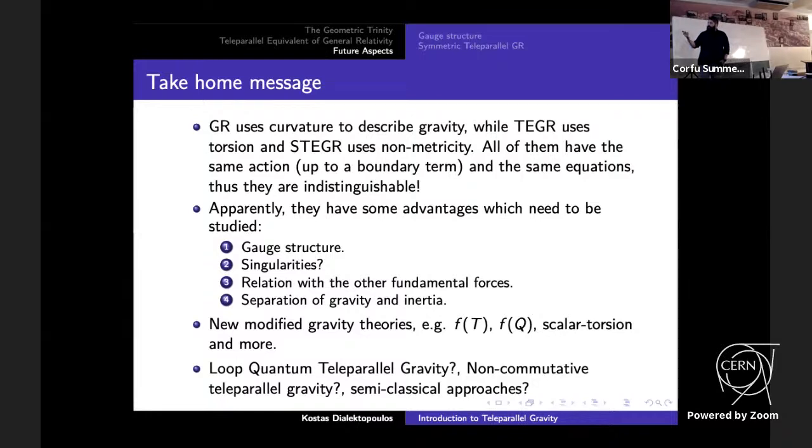Apart from that, it is a gauge theory in the sense that it looks like a force, right? Compared to U(1), for example, it resembles U(1) more than any other gauge theory.